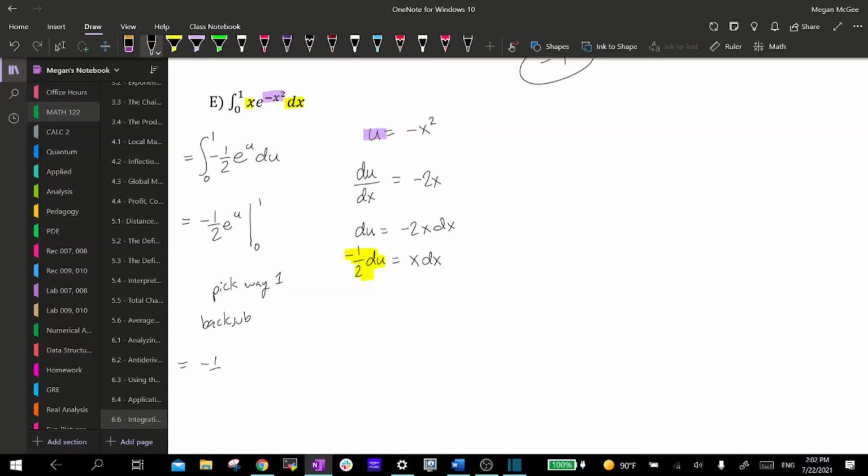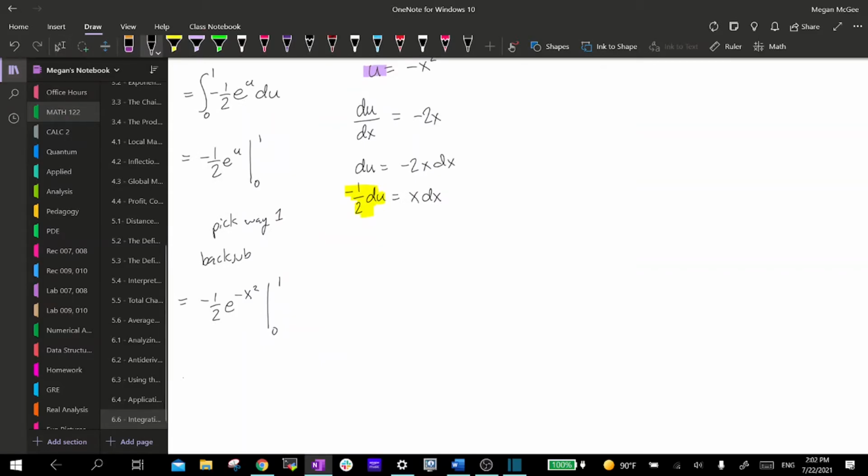So we have negative 1/2 e to the negative x squared, evaluated from 0 to 1. And so we have negative 1/2 e to the negative 1 plus 1/2 e to the 0.